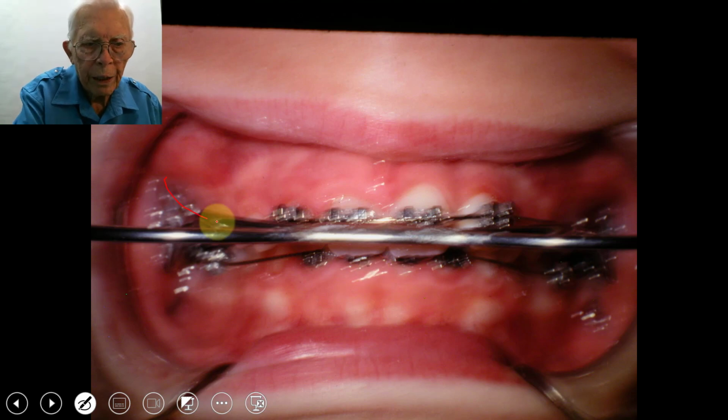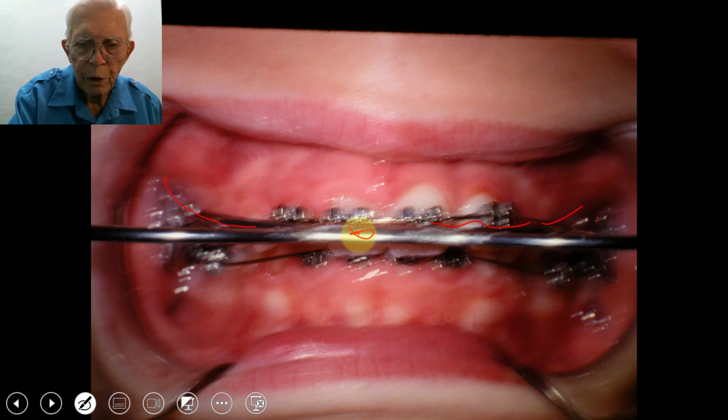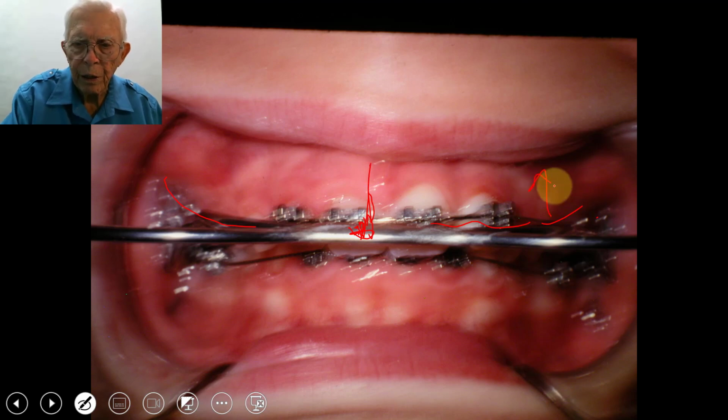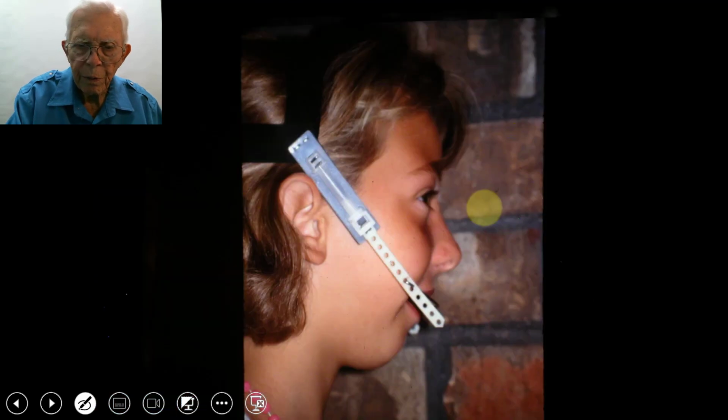It's going back in here like this. In the outer bow you have a little spike. It gets under the arch wire here somewhere. And then you can pick these teeth up, or you pick them up back here, or you pick up the molar teeth, or you can just pick the whole thing up by this deal that's coming up here.